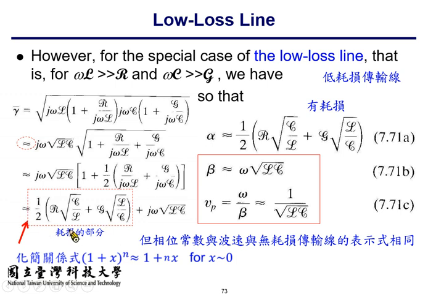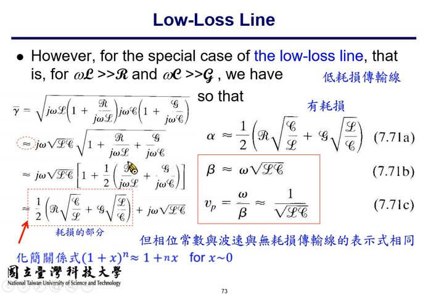So here, with the assumption that R and G are small, you have a low loss transmission line. Then alpha can be derived like this, according to your circuit model, according to your per unit length resistance, capacitance, inductance, and conductance. You can derive the attenuation constant alpha. The next thing is to examine the imaginary part.